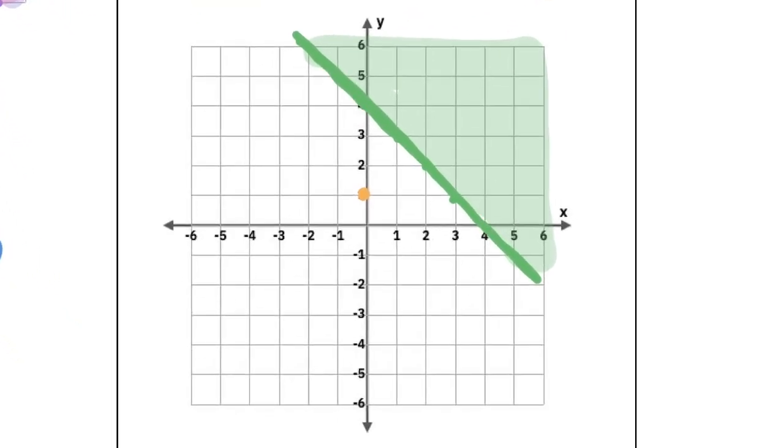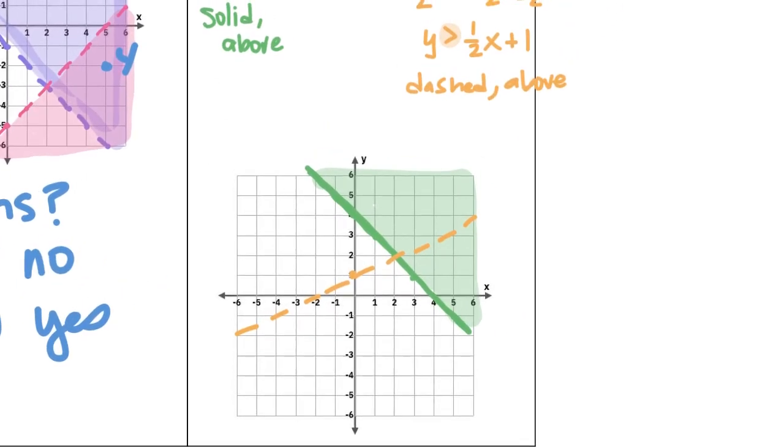So that's going to be something like that. And for this one, we also want to shade above. So everything above that orange dashed line is going to get colored in.